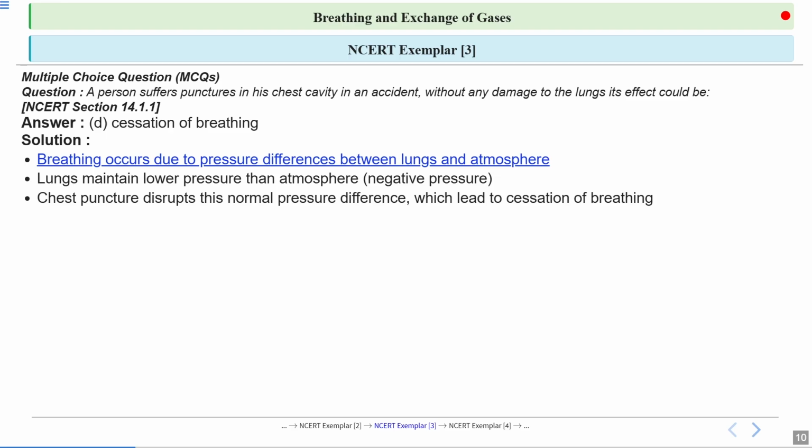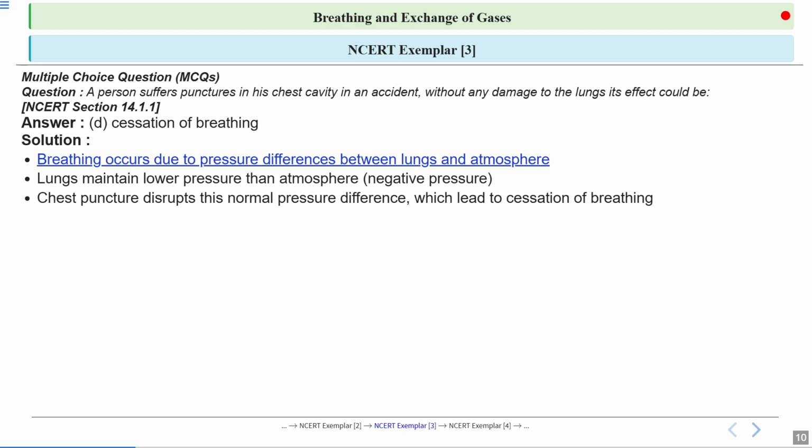When your chest gets punctured, you will not be able to maintain this negative pressure, and the exchange of gases will be difficult. So there is a cessation of breathing.